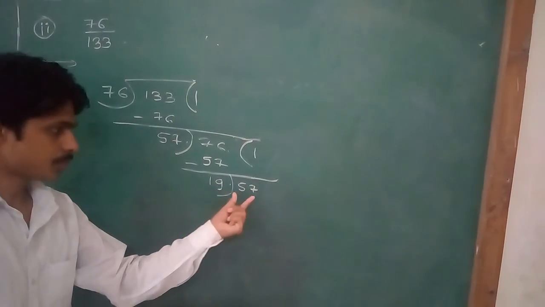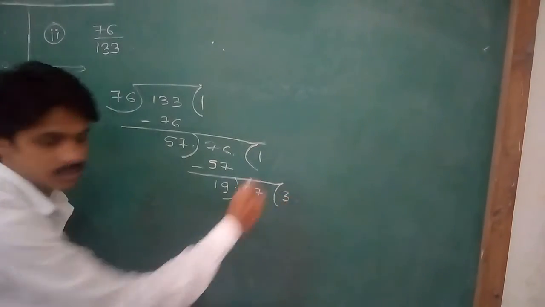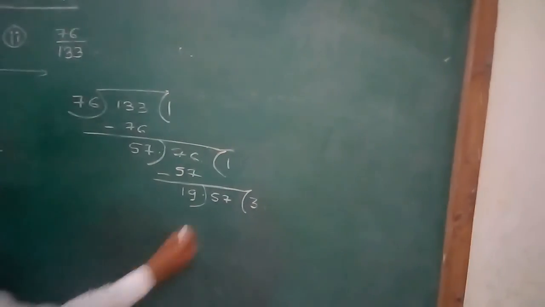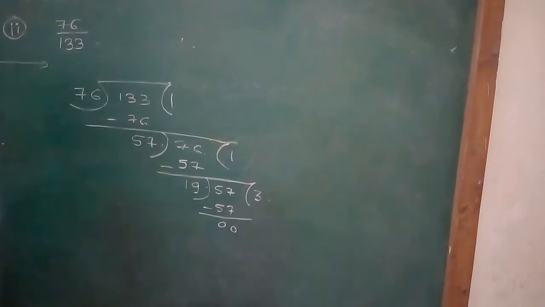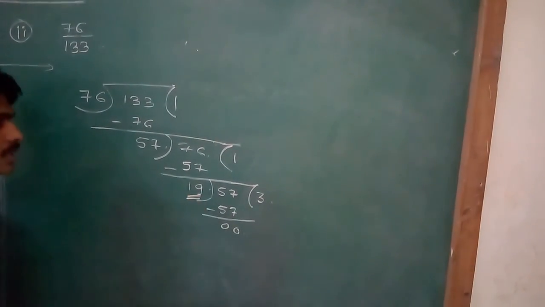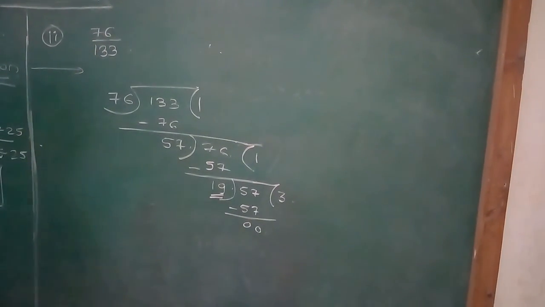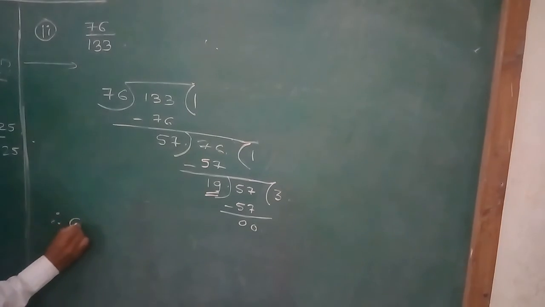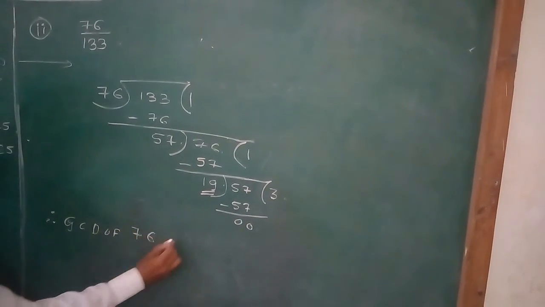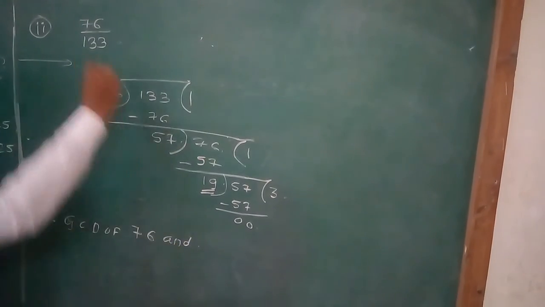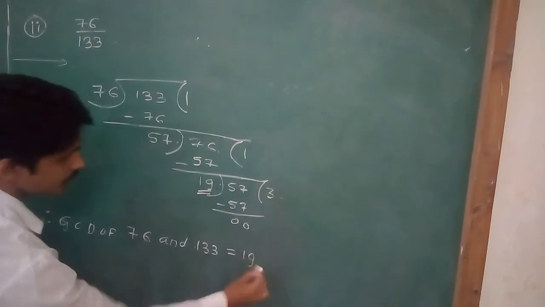And 57 divided by 19, we get quotient 3, and here 57. By subtracting we get 0. Therefore we can say that 19 is the GCD of 76 and 133.